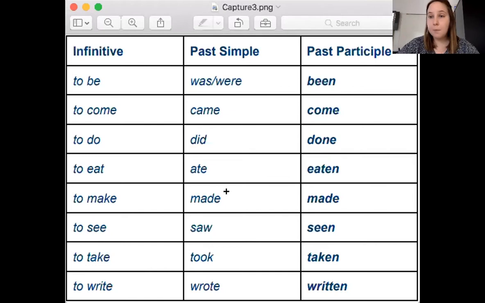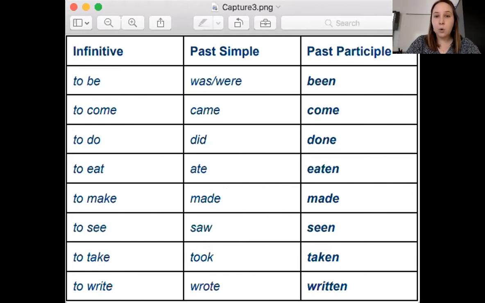The most common ones you will use pretty often. For right now, the book is going to tell you these examples. On page 20 in the orange box, those are the only irregular verbs we will be using. So you'll keep that right there.